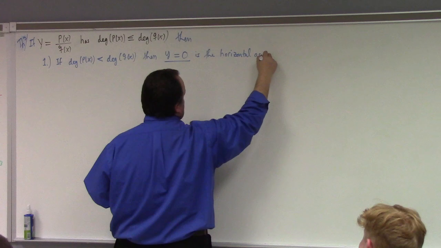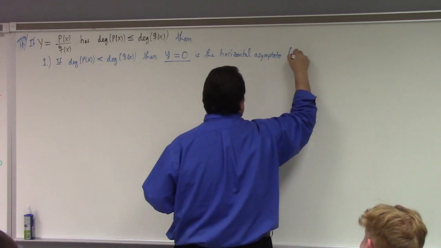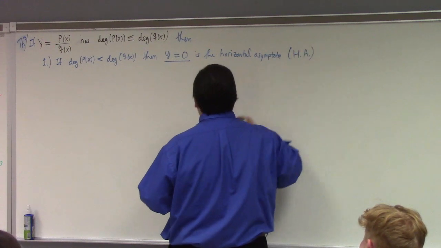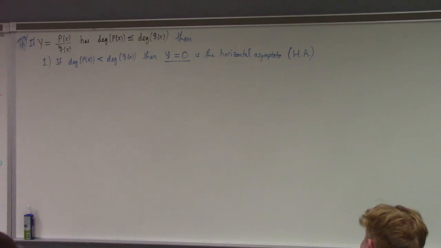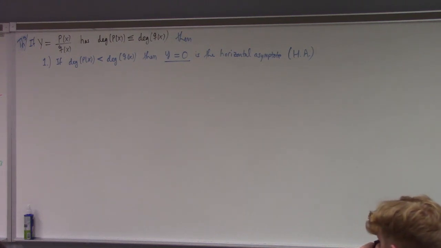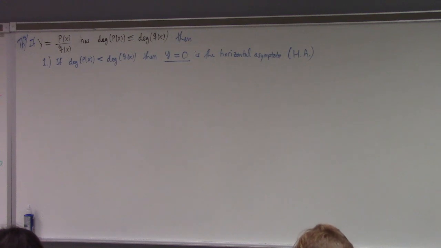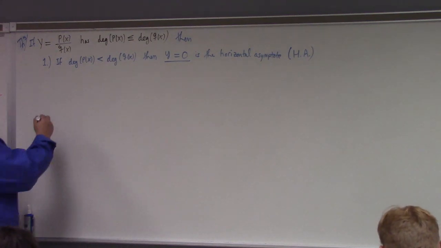And what that means is that the graph eventually gets sucked into it. We're going to abbreviate that as HA, because writing out horizontal asymptote multiple times gives none of us joy, me least among you. So if the degree of the numerator is strictly smaller than the degree of the denominator, then y equals 0 is a horizontal asymptote.